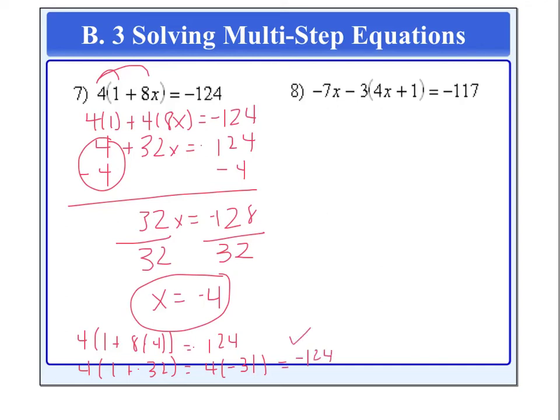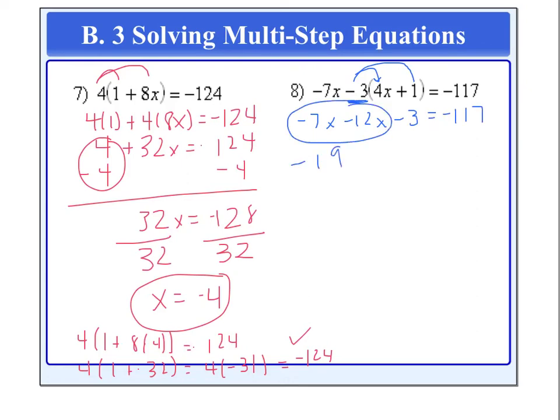It works. The next one's an example where you have to actually distribute the negative. So it's going to be a negative 7x. You're going to take negative 3 times 4x, which is negative 12x. You're going to take negative 3 times 1, which is negative 3, and that equals negative 117. Combine our like terms.